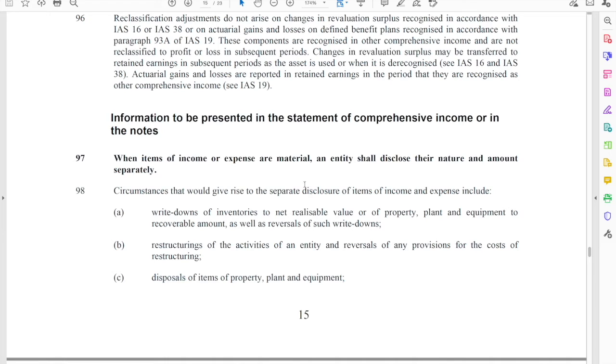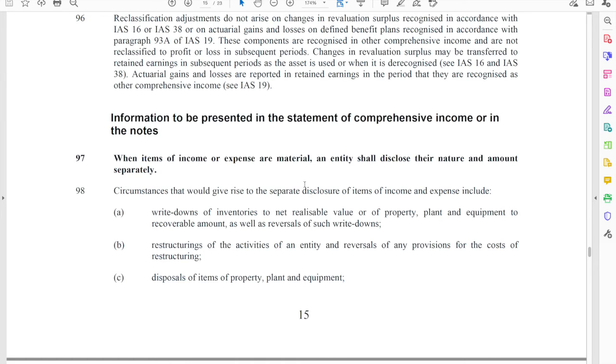Ang sabi dito ng IAS 1 based on paragraph 97, when items of income or expenses are material, meaning kapag malaki yung certain amount ng income or expense natin, the entity shall, ibig sabihin dapat nilang i-disclose yung nature and amount separately. So, parang ganito kasi yan. Since malaki yung amount, para nagkakaroon ng highlight. Okay, so ngayon, i-disclose natin kung ano ba yung composition ng ganong amount, ano ba yung nature nun, and ano yung amount nun sa notes to financial statements natin.